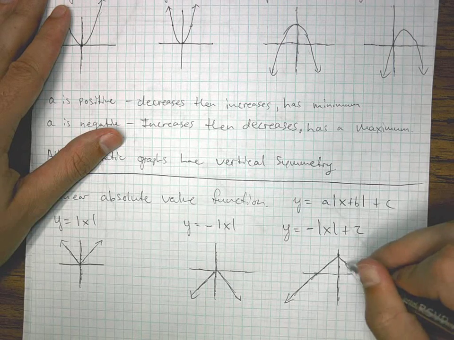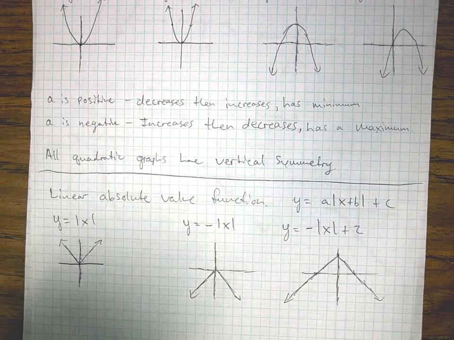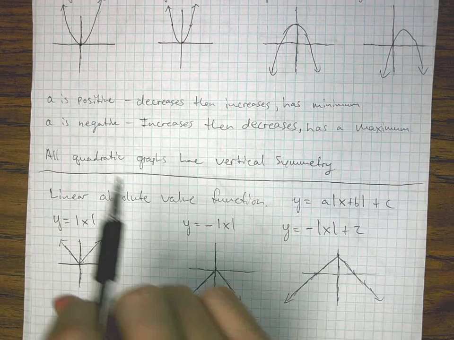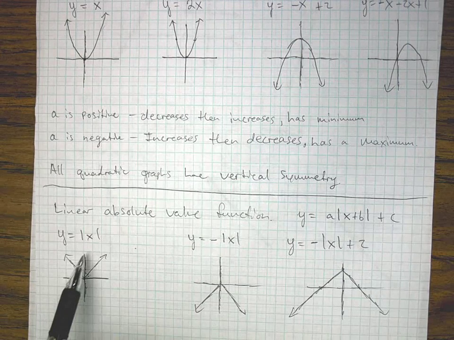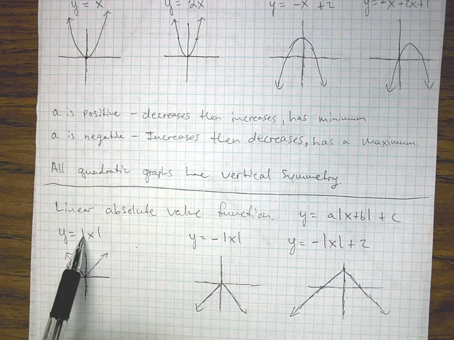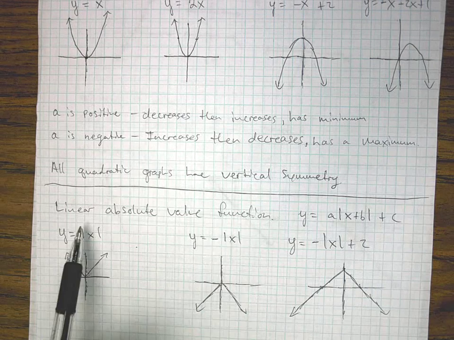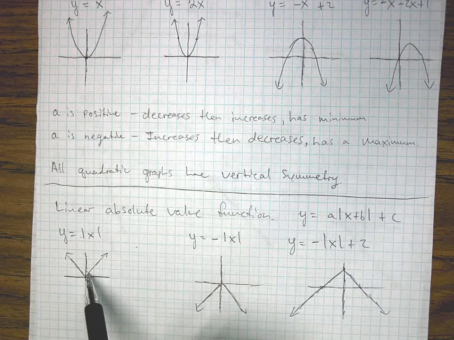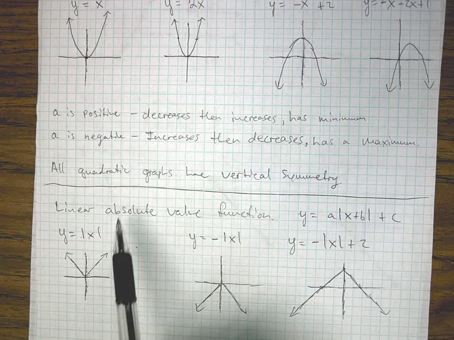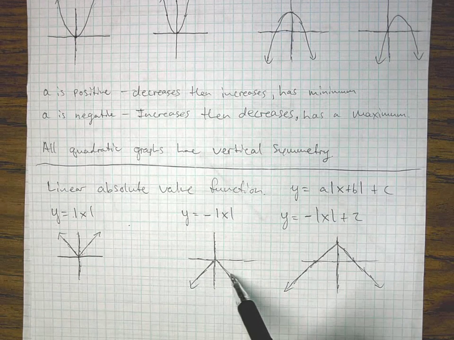It heads downwards. So it follows a lot of the same patterns as before. If the a value, the number in front of the brackets, is positive, we are decreasing and then increasing. If it's negative, increasing, then decreasing.